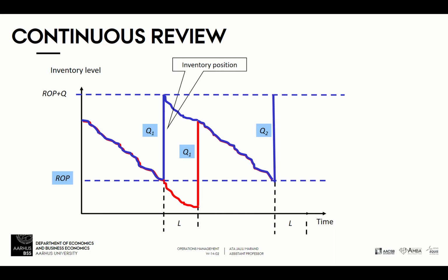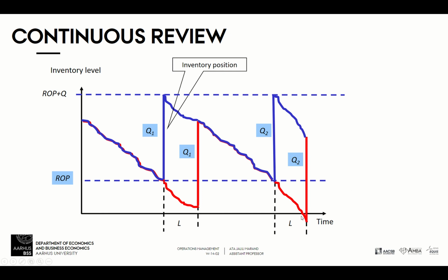And this lead time does not need to be equal to the previous lead time, so there may be some uncertainty in the lead time, and lead times can vary from time to time. At this point we will receive the inventory, so our inventory level will increase by Q2 units, and the same story will repeat.